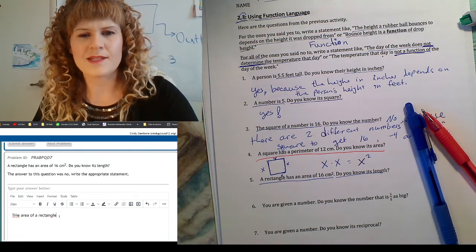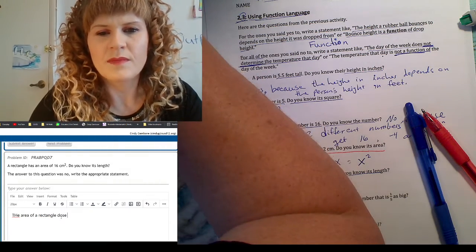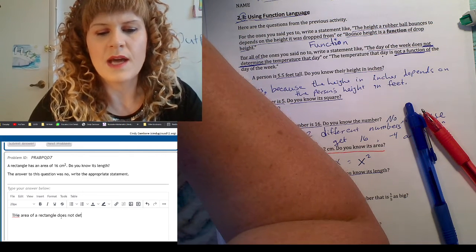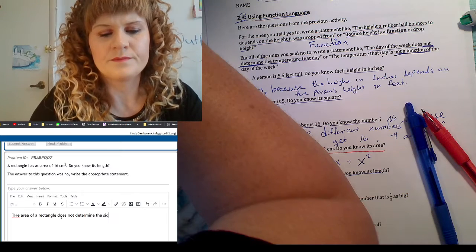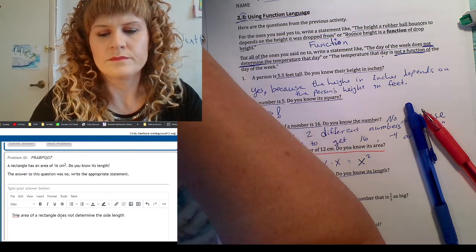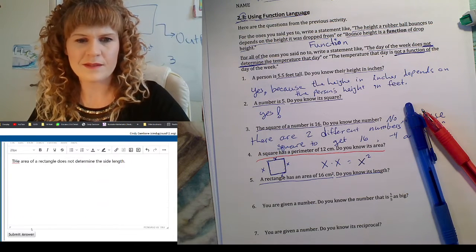I need typing class, don't I? The area of a rectangle does not determine the side length. We saw that before. The area of a rectangle does not determine the side length.